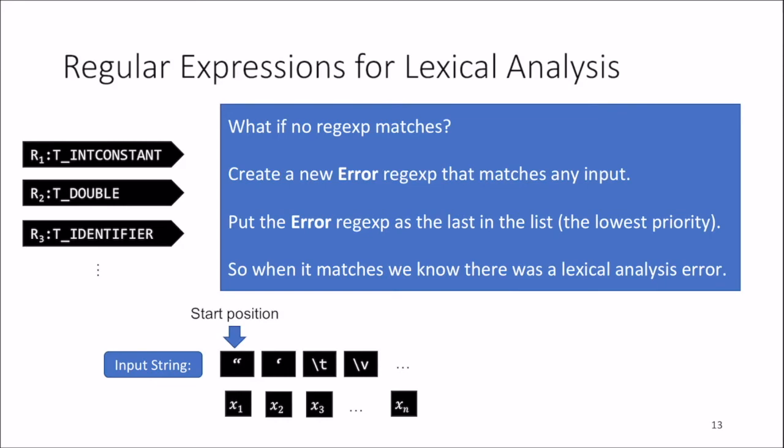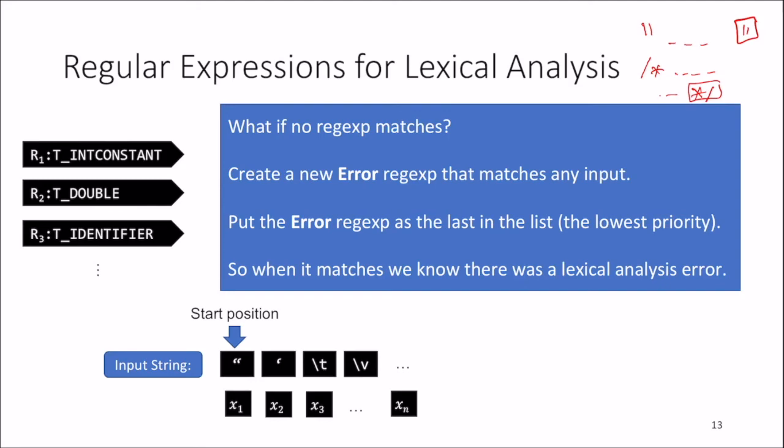So in order to deal with this case, we create a new error regular expression, and there might actually be more than one error regular expression that you might want. You might want a special one for something which opens the double quote and doesn't close it, or if you have multi-line strings or multi-line comments like this, and these characters are missing, you might want to create an error regular expression that's specific to that kind of error.